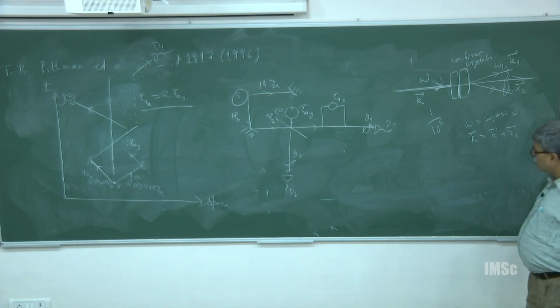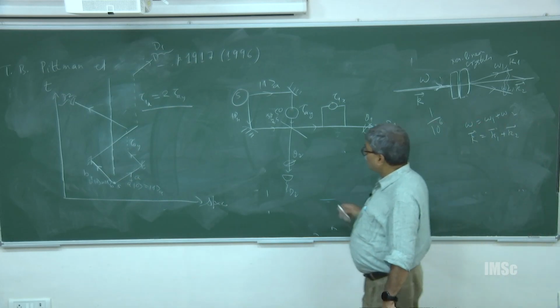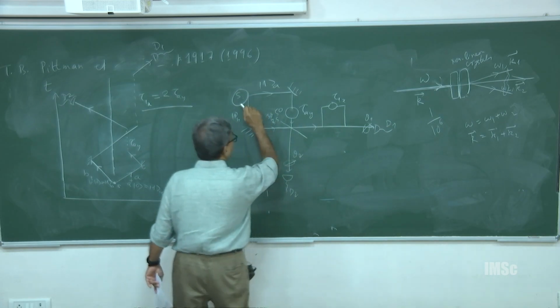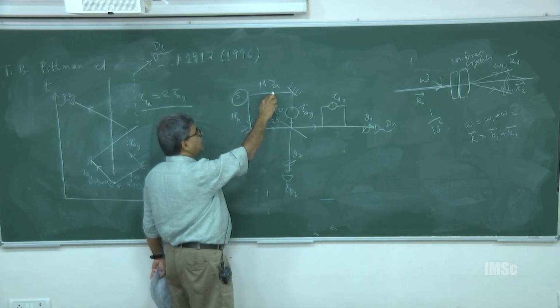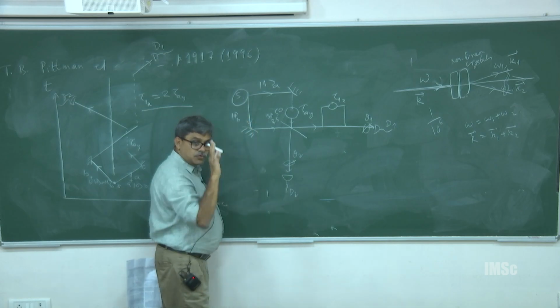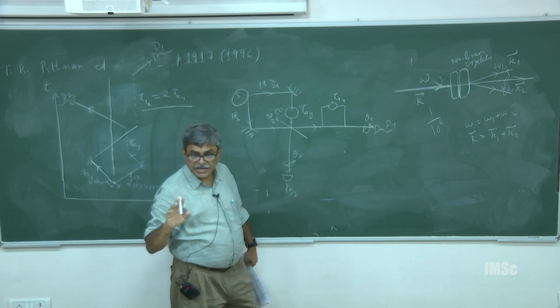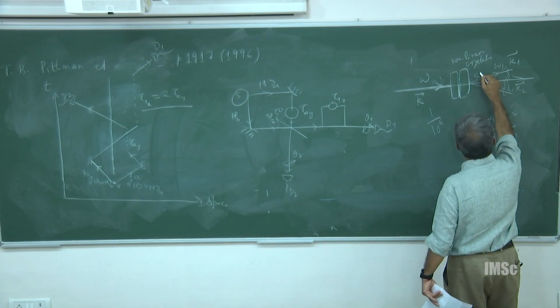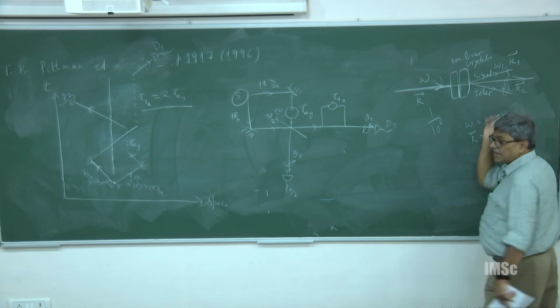So what we assume here is that the source is basically sending one photon here, one photon here. This is sometimes called signal and this is called idler, this is just a name.